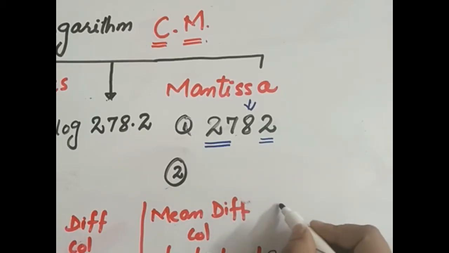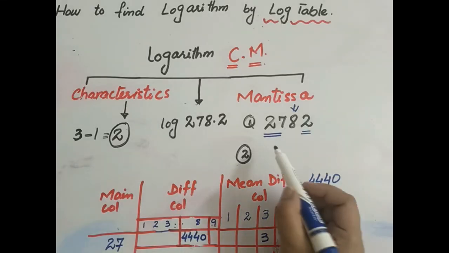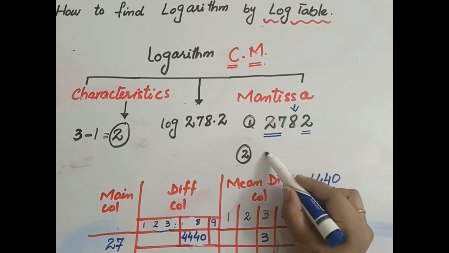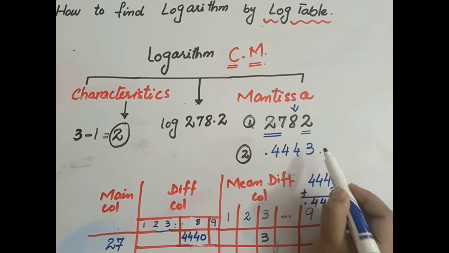So we have to add 4440 plus 3, then it will be 4443. So its mantissa is 0.4443.